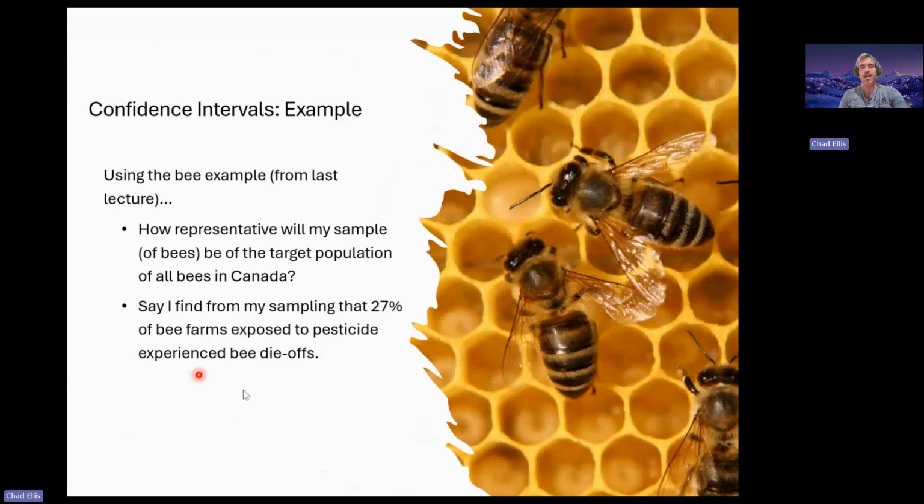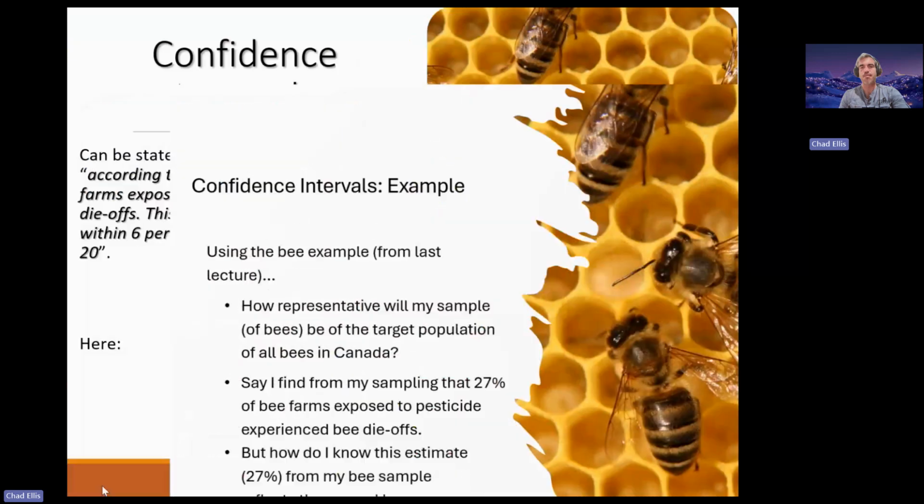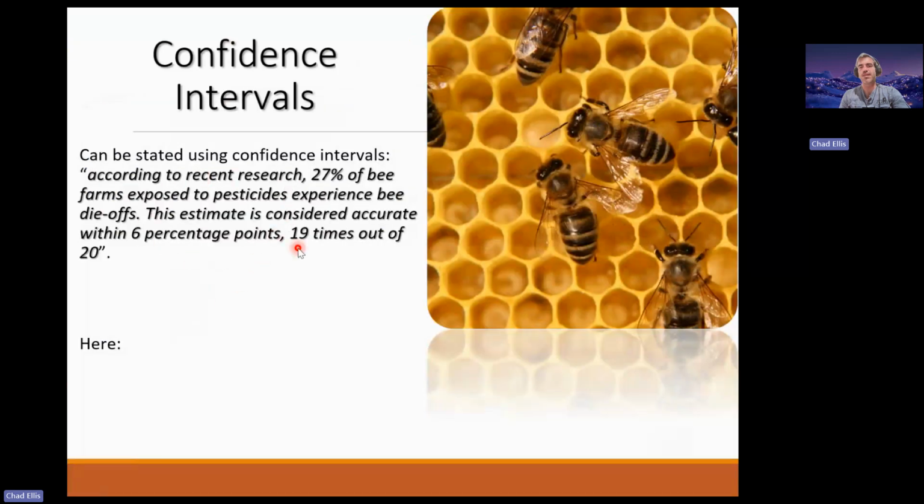But how sure can I be that this sample mean, my X bar, is representative of the effect of pesticides across the country? So this is an example of using the sample mean and trying to extrapolate to the larger population or target population. So sometimes you'll often see the results from a sample stated in this way.